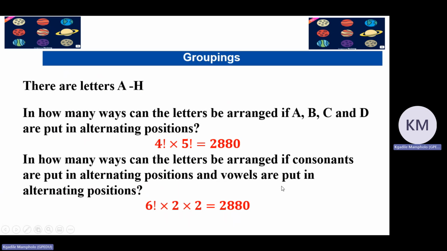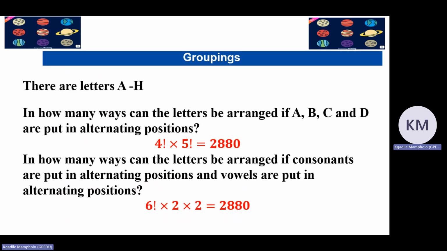Now, in how many ways can the letters be arranged if consonants are put in alternating positions? Now, we have 4 consonants, which can be arranged differently, but it's a group, 4 factorial. We have two vowels, which is A and E. But we know that for vowels, we don't say factorial, because 2 factorial is just 2. Then we have 2 groups, meaning now there can only be 2 arrangements.